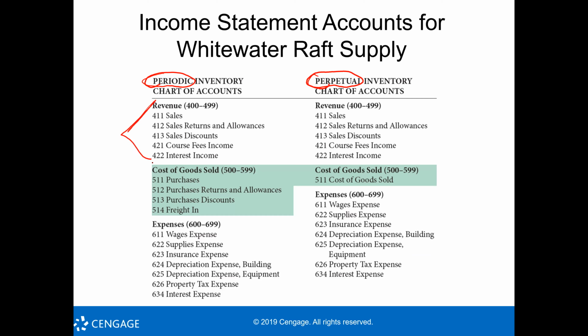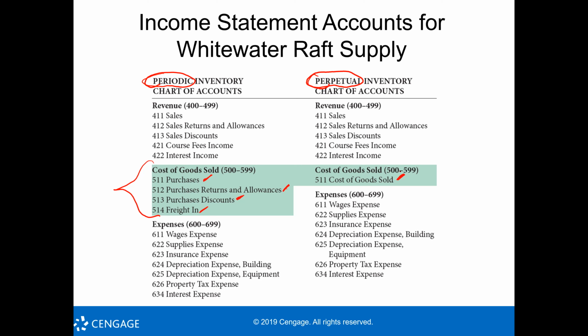The difference is in the cost of goods sold section. With periodic, we've got that purchases account. Then we also use purchase returns and allowances, purchase discounts, and freight in. On the perpetual side, we only use cost of goods sold.